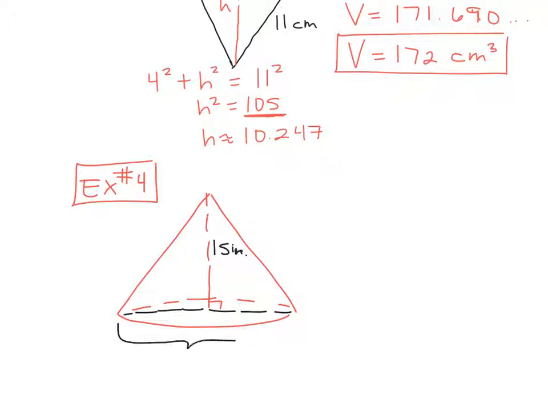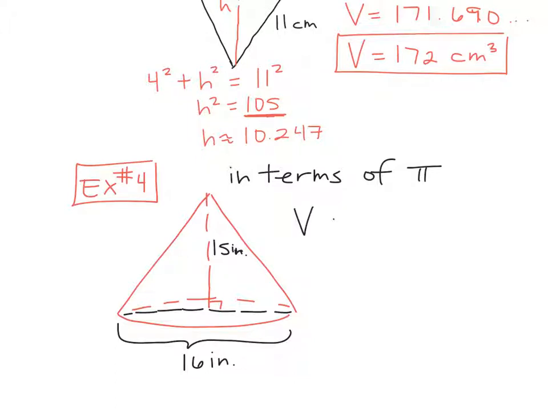And this whole thing is 16 inches. So this one, we're going to keep it in terms of pi. So find the volume in terms of pi. Which means what again? What's in terms of pi? Leave the pi in it, right? Don't plug it into your calculator, leave pi as part of your answer.